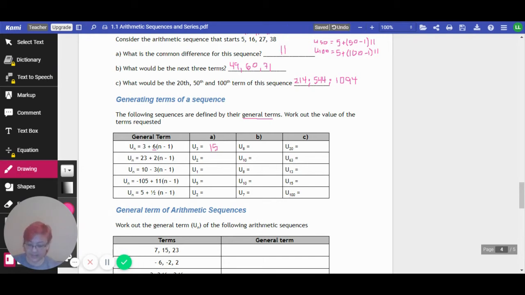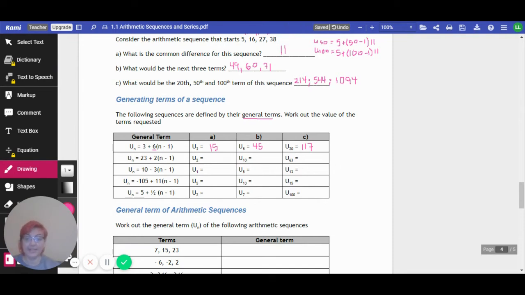That's 3 plus 6 times 8 minus 1. The eighth term is 45. All right, and then to find the 20th term, we're going to do 3 plus 6 times 20 minus 1. And so 117 is the 20th term in the sequence.